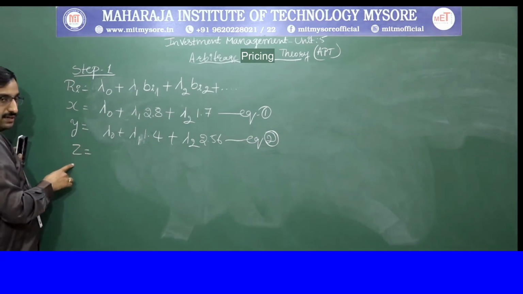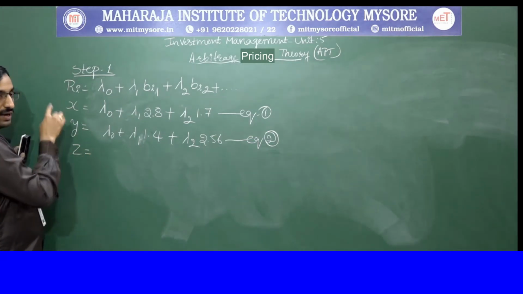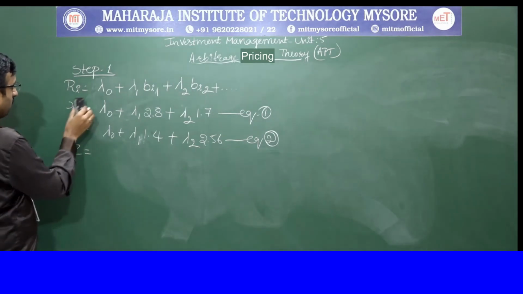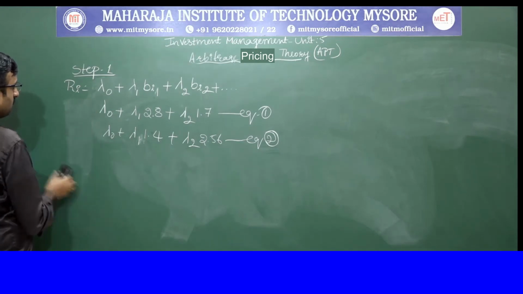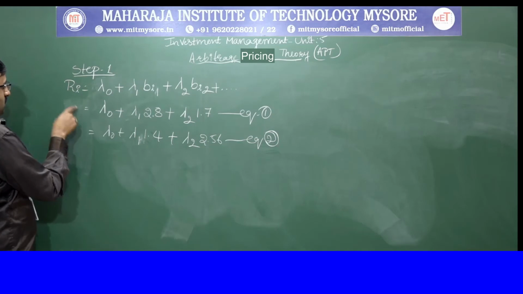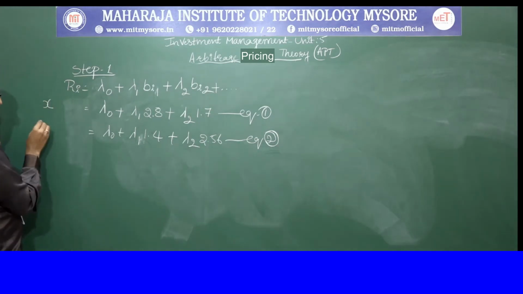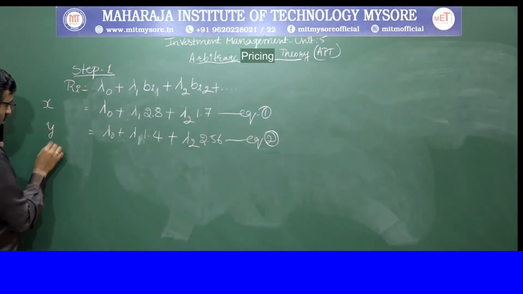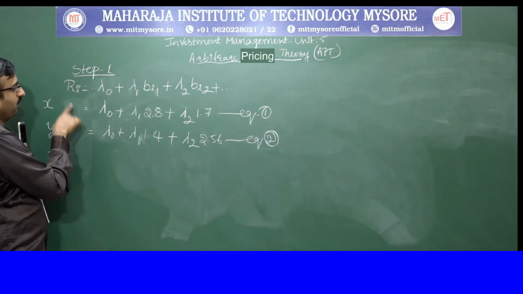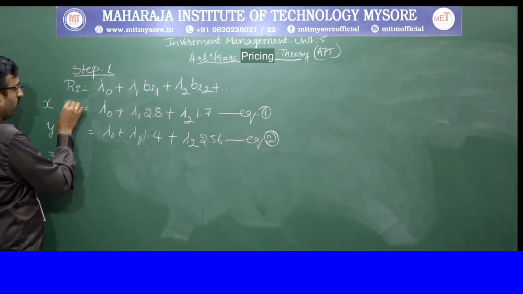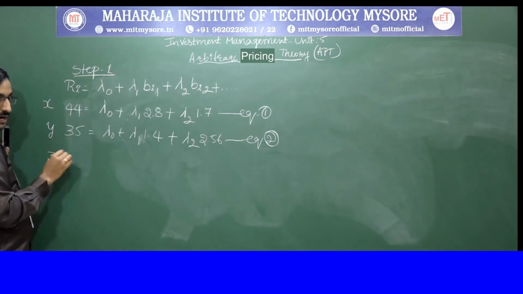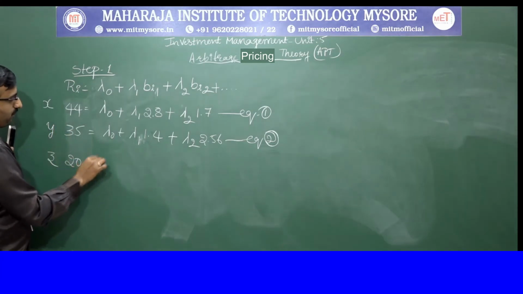Same thing goes for z. We have the returns here. They have given the mean returns, I will just take it on this side. I hope it is visible, x, y, z. So, mean return of x is 44, y is 35 and z is 20.